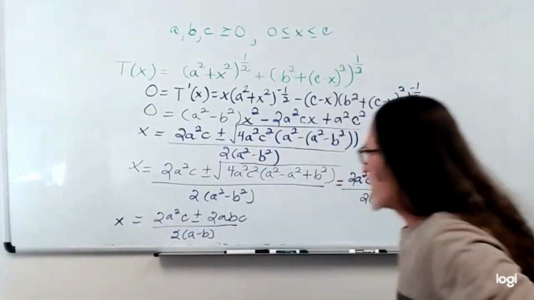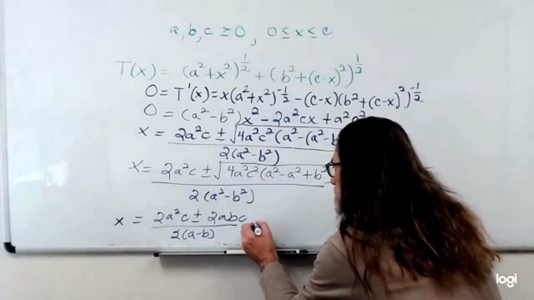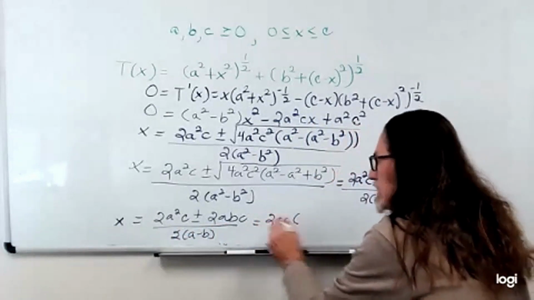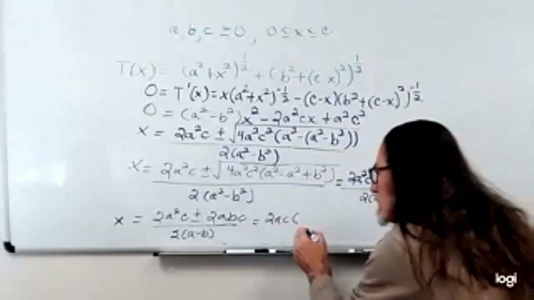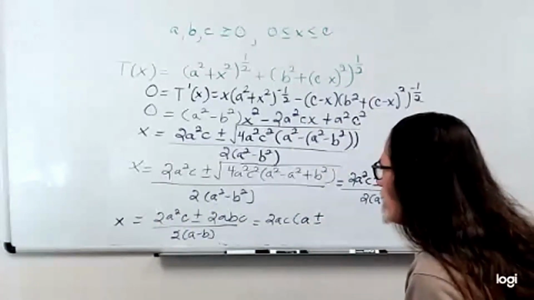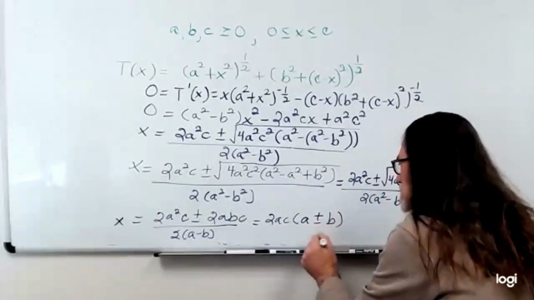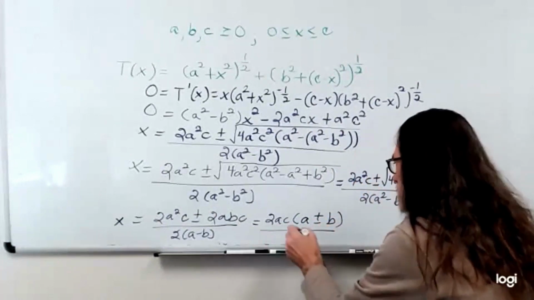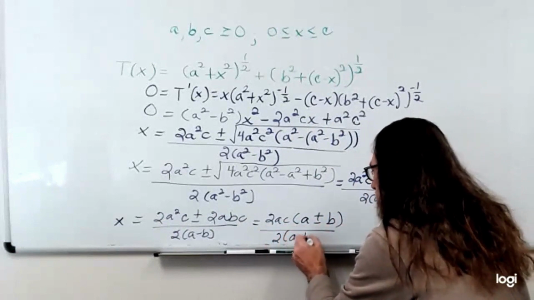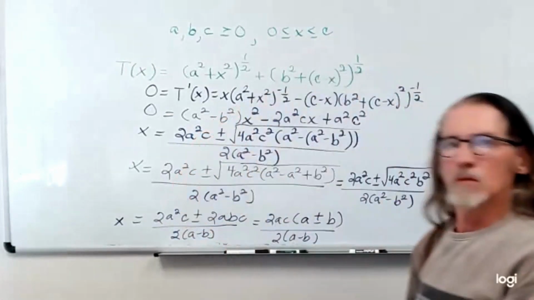And I'm going to factor out 2ac in the numerator, leaving us with a plus or minus b, all over 2 times a minus b. Got a little error there.